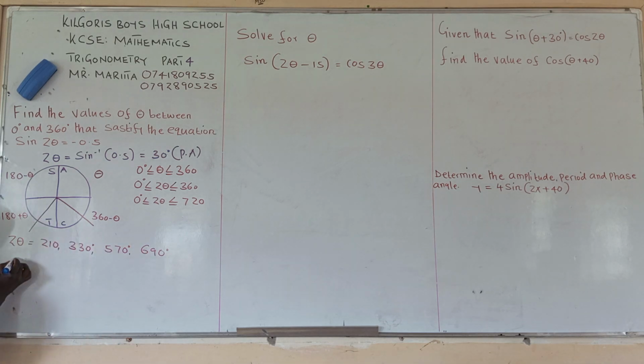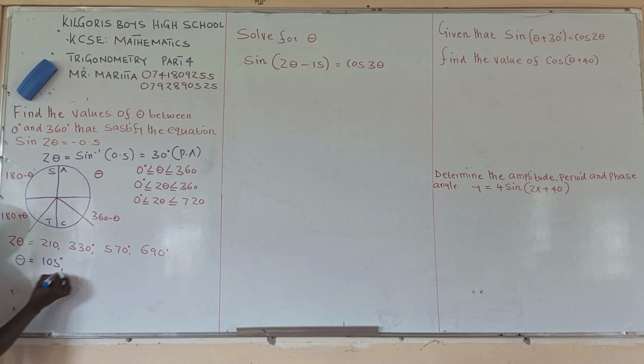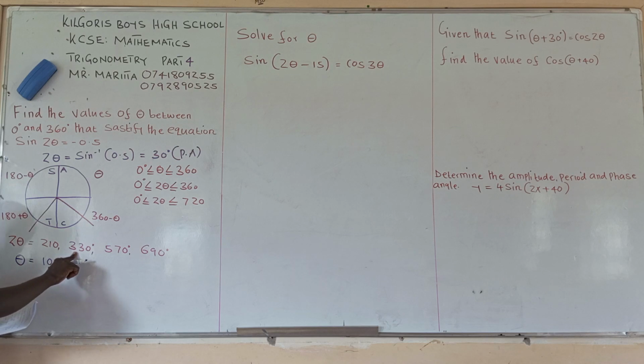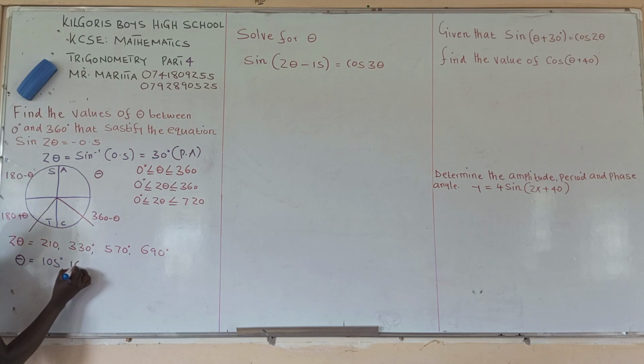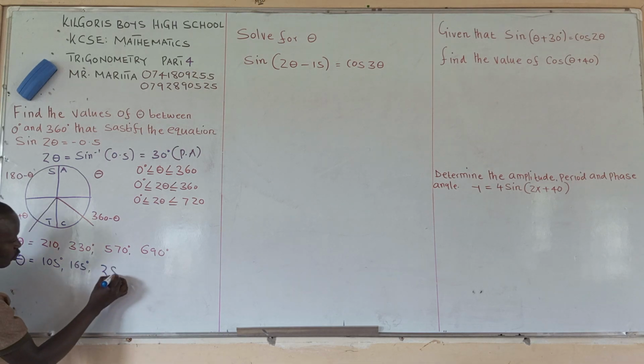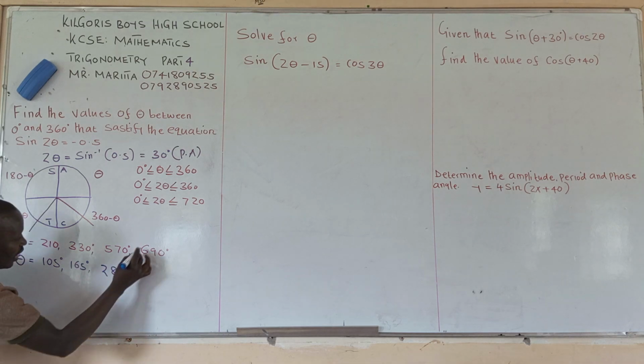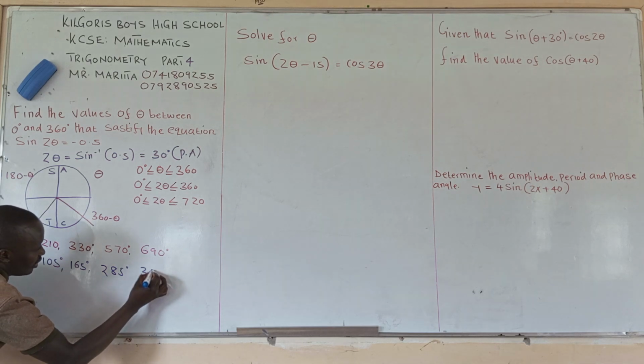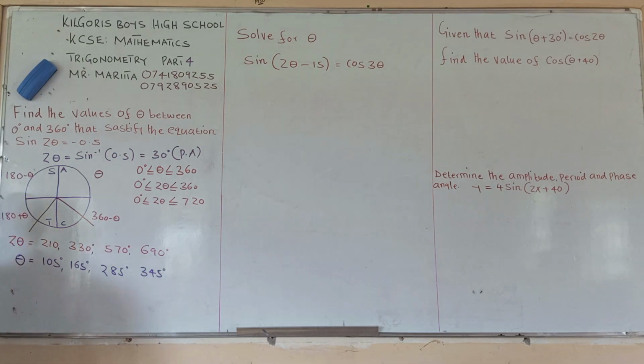So if we divide by 2 on both sides, our theta is equivalent to 210 divided by 2, which is 105 degrees. Then 330 divided by 2, we have 165 degrees. Then this one is giving us 285 degrees, and this one is giving us 345 degrees.